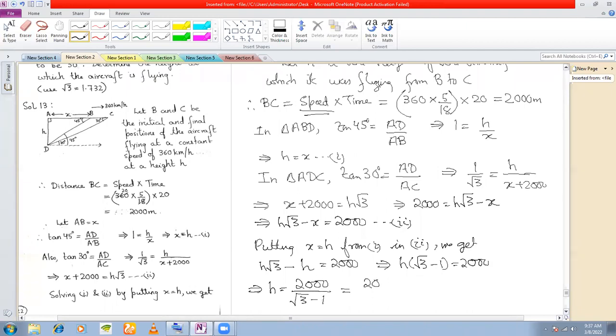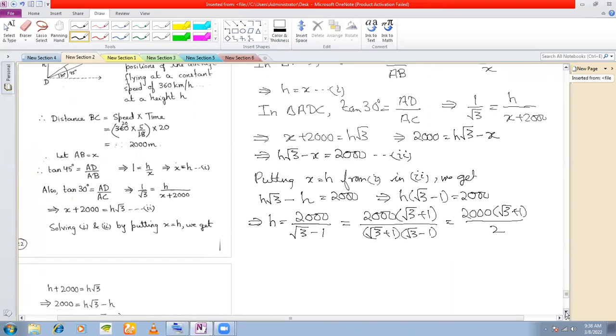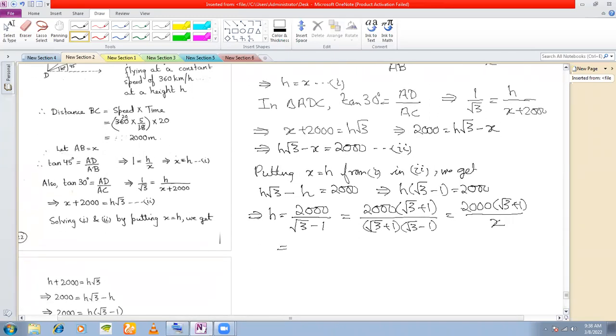Now you can rationalize the denominator: multiply by root 3 plus 1 over root 3 plus 1. So you get 2000 times root 3 plus 1 divided by 2. The 2 you can cancel here. 1000 times 1.732 plus 1, so you get 1000 into 2.732. So you get 2732 meters. This is the height of the aircraft, 2732 meters.